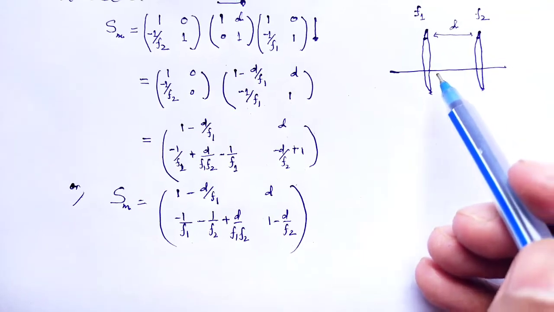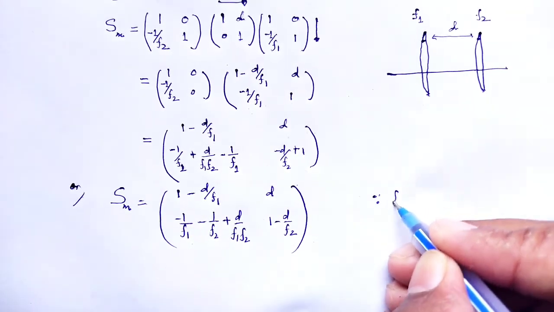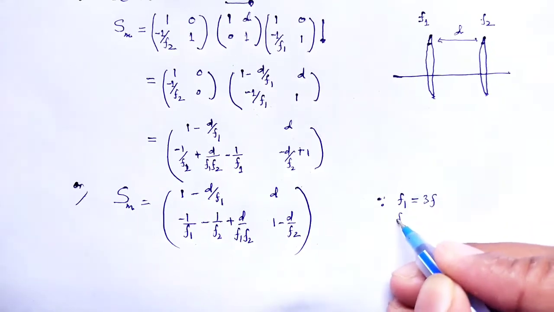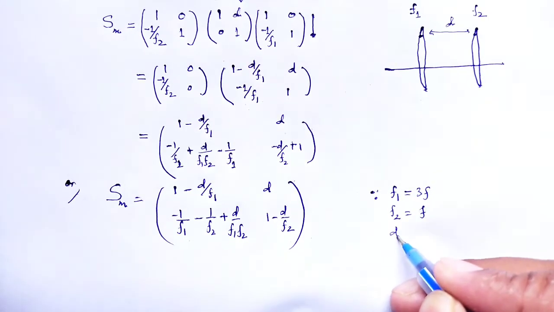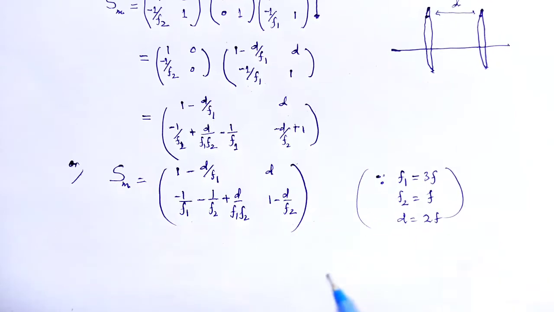In that particular case, f1 is equal to 3f, f2 is equal to f, and d is equal to 2f. Now all these values are put here.